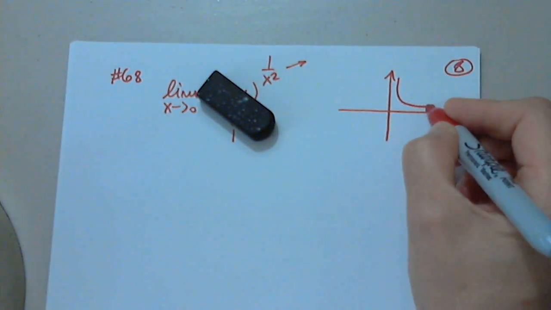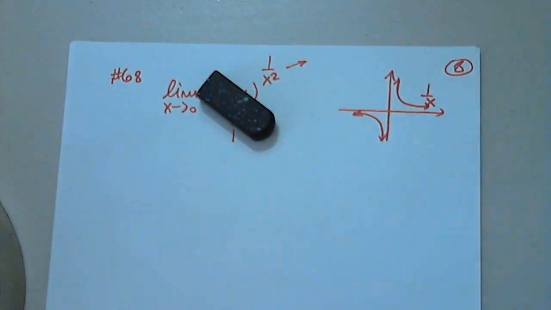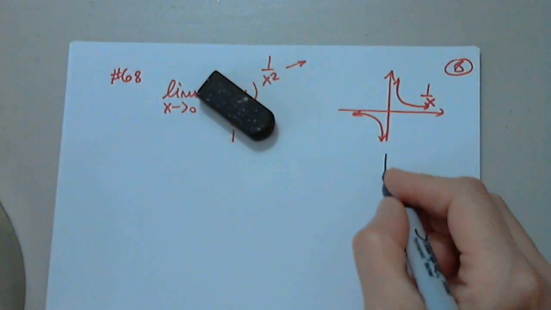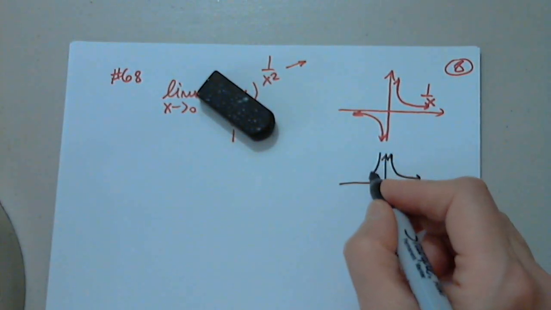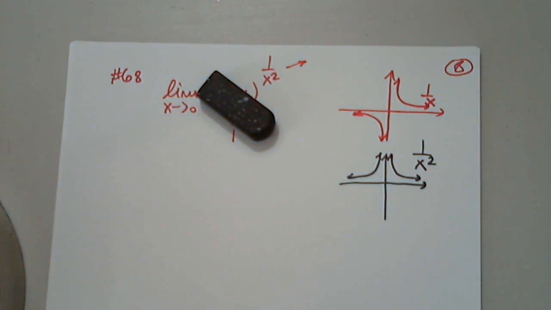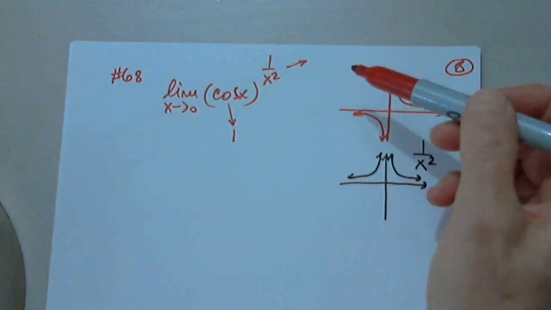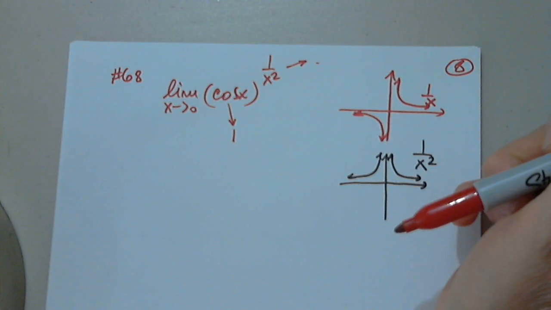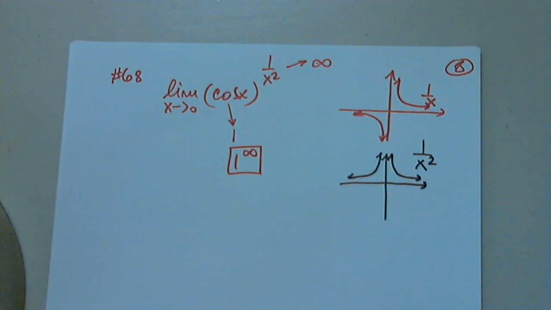So 1 over x has this graph. But 1 over x squared has this graph. So where is it going again? Infinity. Yes. So we have this situation, unpleasant, but it is what it is.